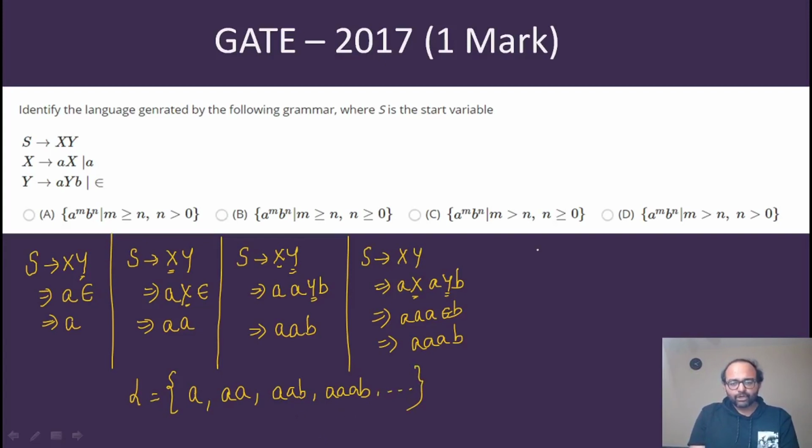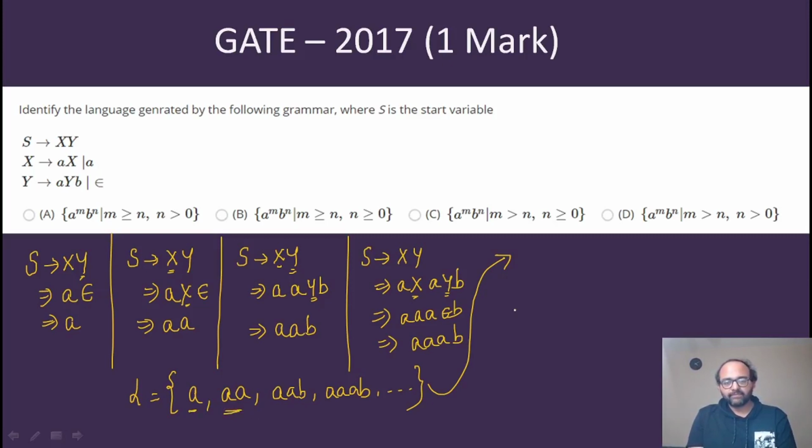From these strings which are part of this language, you can understand clearly the number of b's can be 0. If you observe strings like this and like this, there are no b's at all.